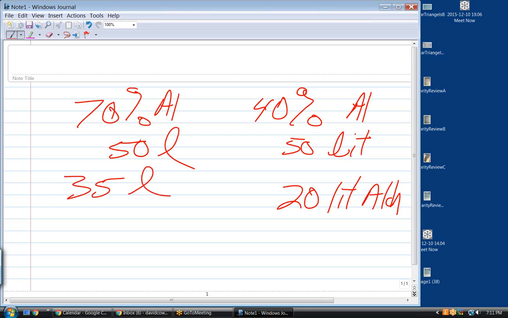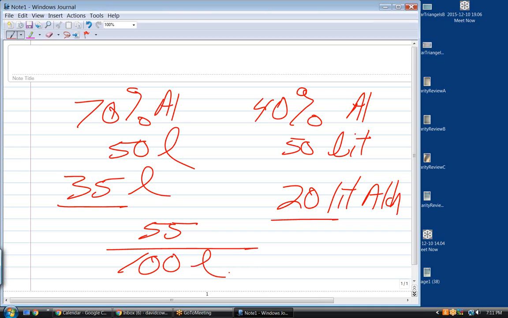Okay. So the total alcohol I would have would be 35 plus 20. That would be 55, and the total volume I would have would be 100 liters. So if I added 50 liters, I would create a 55% solution. Right. But it needs to be less than that.